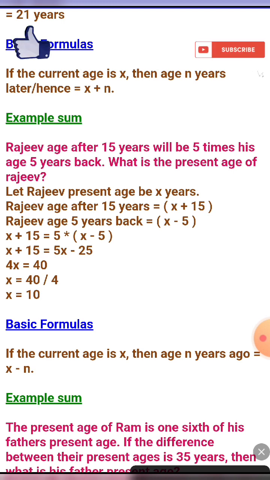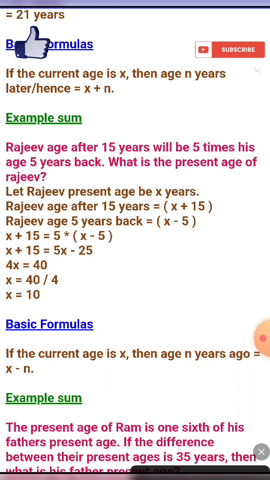Understand? Let's understand in figures. Let Rajiv's present age be x years, meaning current age is x years. Rajiv's age after 15 years is x plus 15. Rajiv's age 5 years back is x minus 5.